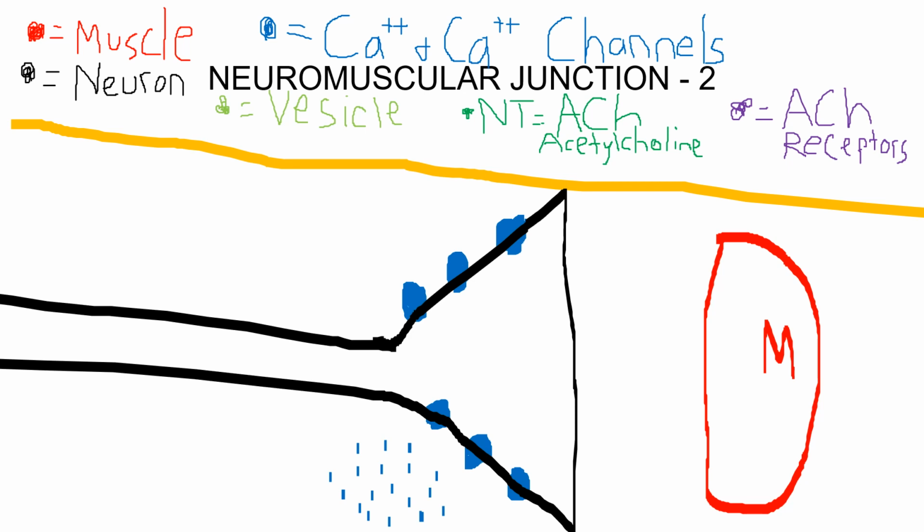Remember, we talked about sodium and potassium in great length. We talked about how there's a lot of potassium on the inside of the cell, 10 times as much as sodium. But on the outside of the cell, there's a lot of sodium and not a lot of potassium. And then we talked about the sodium potassium pump regulating all that.